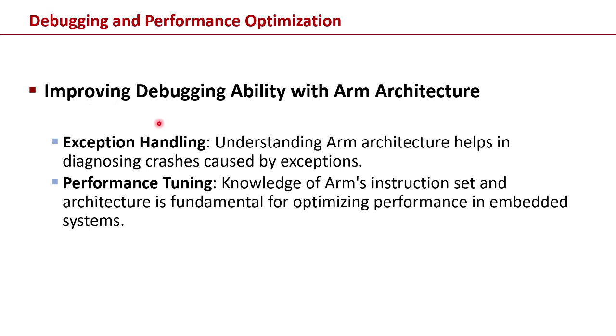If you are familiar with exception handling in ARM architecture, it will help you identify crash issues and unexpected freeze issues by looking at the registers provided by ARM architecture.